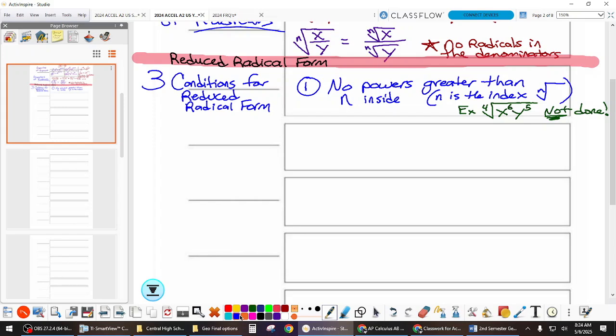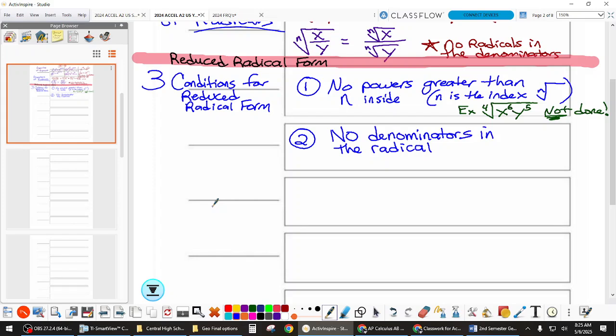Right, number 2. These next 2 are easy to get mixed up, so we can talk through them, but make sure you straighten them out. No denominators. I'm gonna make that plural. No denominators in the radical. So like the one I showed you a minute ago, had n, I think, in the denominator.